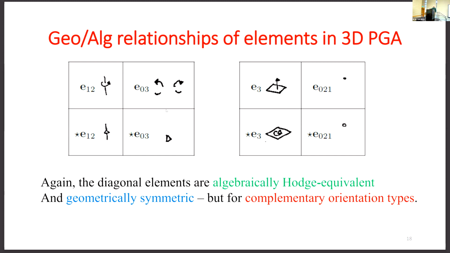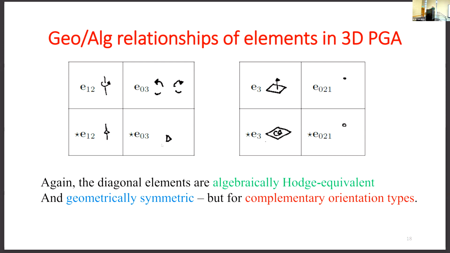But now this dual, if I compute the Hodge dual, becomes this element, which is indeed the counterpart that provides the motion that moves in this direction, whereas this is the axis that provides this kind of a motion. So all these things are consistent.